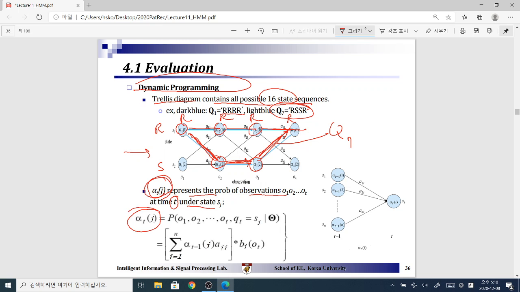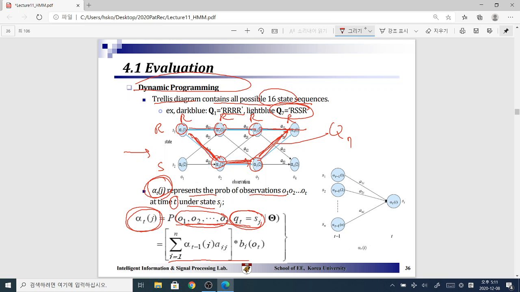Once again, alpha sub t of j represents the probability of the observation sequence from 1 to t at time t under state S of j. This means that the observation sequence and the state need to be jointly reflected in this probability.